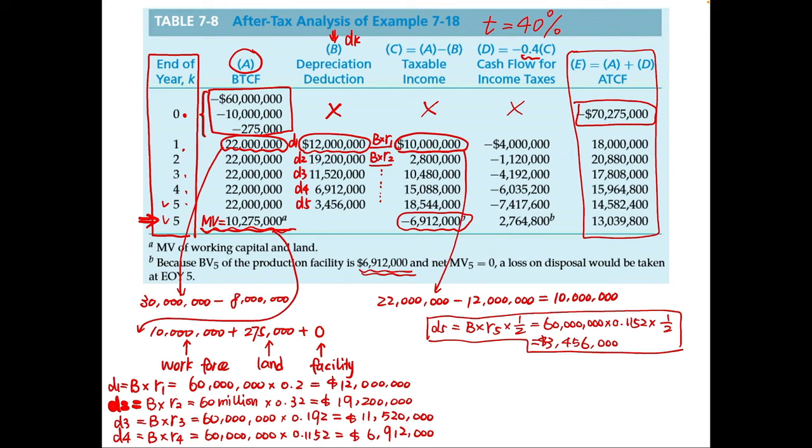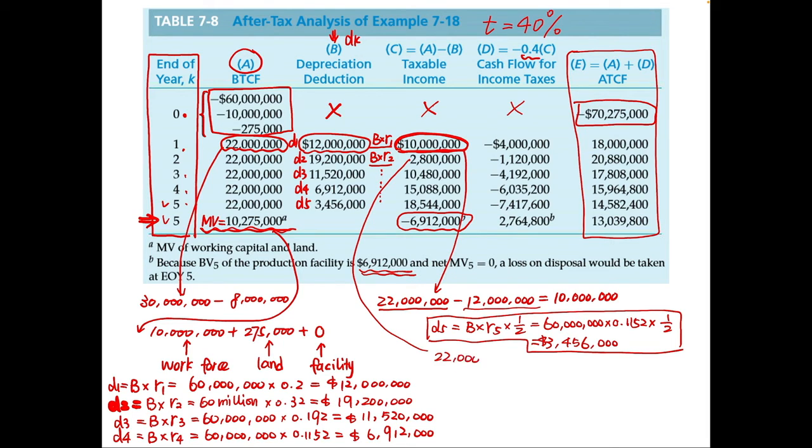Okay, so we have talked about this 10 million. It is the value of that row in column A, which is 22 million, minus the value in the same row in column B, which is 12 million. Okay, and then you can also calculate the second one. Why do you have 2,800,000?